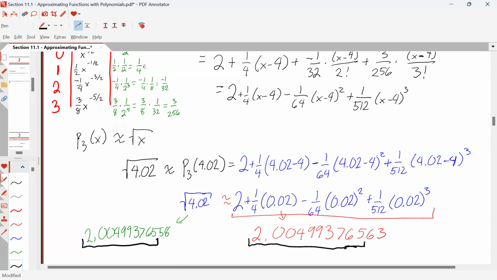So those are very similar. It's a very good approximation. And so these polynomials create some very good approximations, which in the next video, we'll talk about how we can tell how good of an approximation it is.